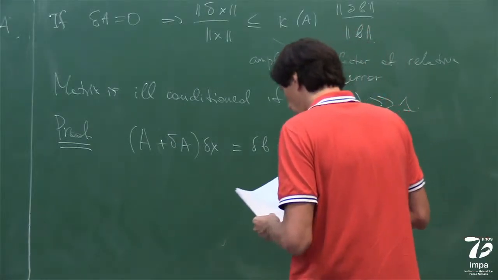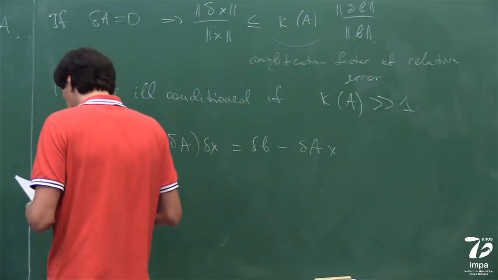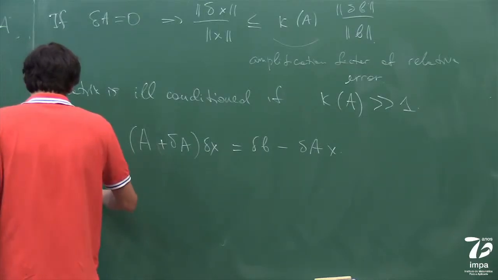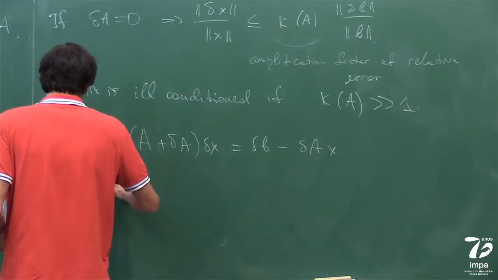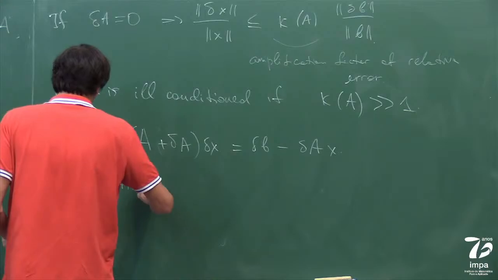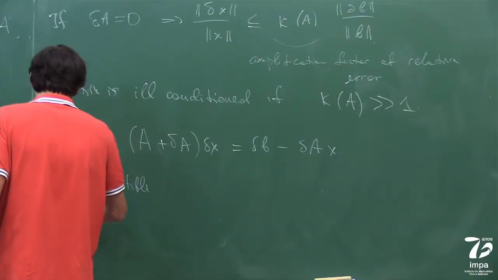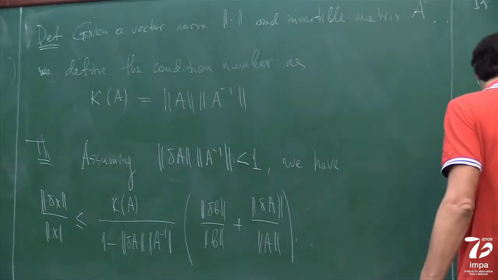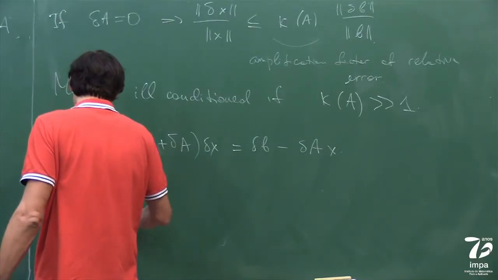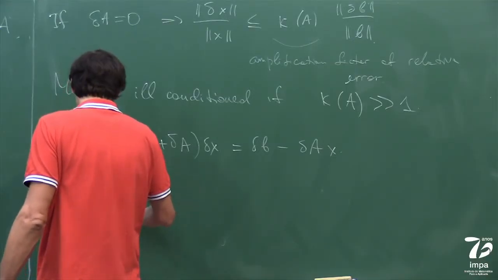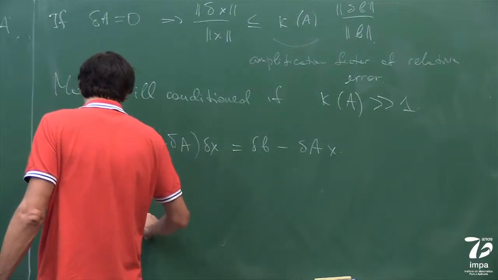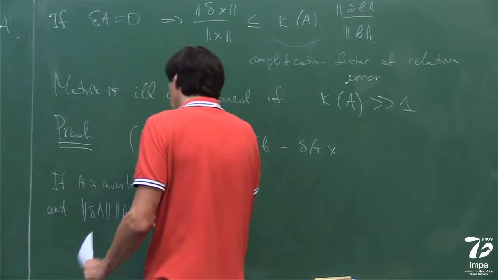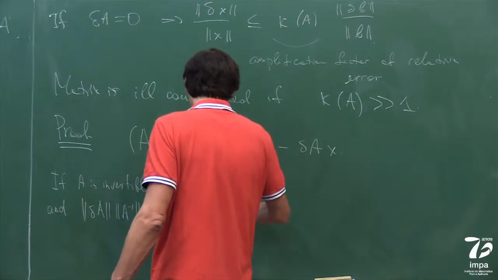So then we can use the property that if A is invertible and we have this condition, that the norm of one matrix times the norm of the other matrix's inverse is less than 1, then the sum of the matrices is still invertible.